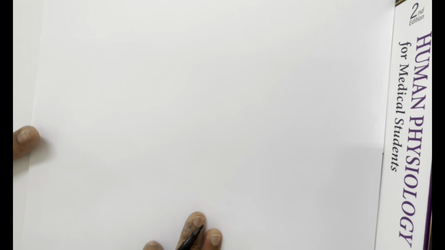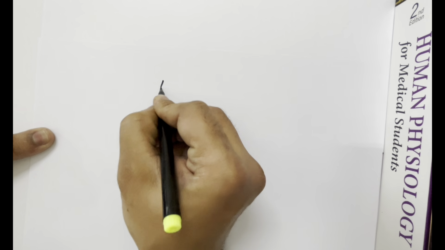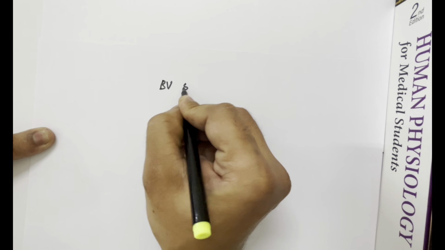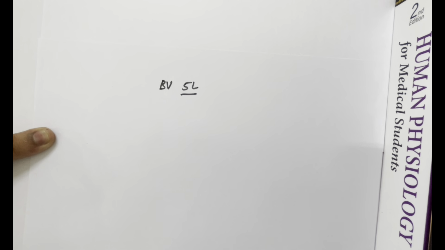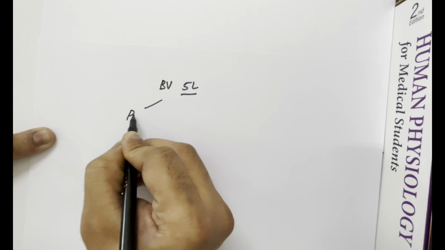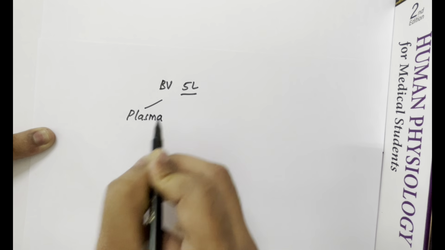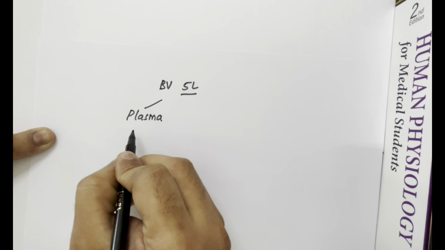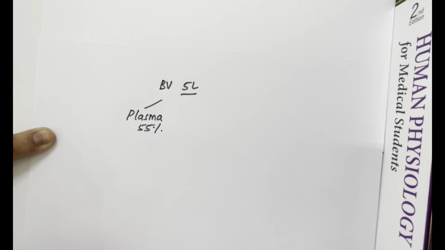Now let's talk about the values. The normal blood volume is how much? Blood volume is around 5 liters in an average adult male of 70 kgs. So out of 5 liters of blood volume, how much is the plasma volume? Plasma volume is around 55% of total volume of blood.